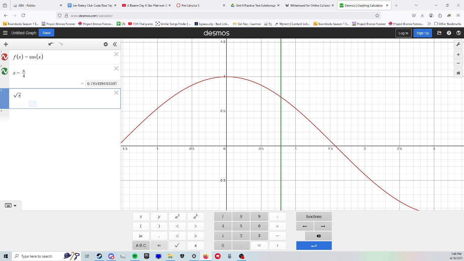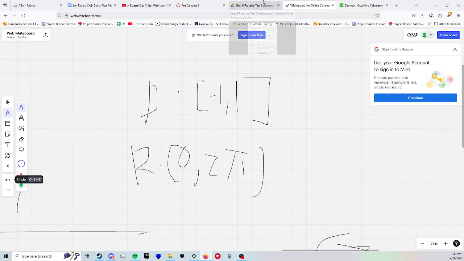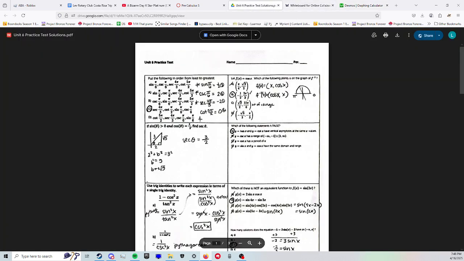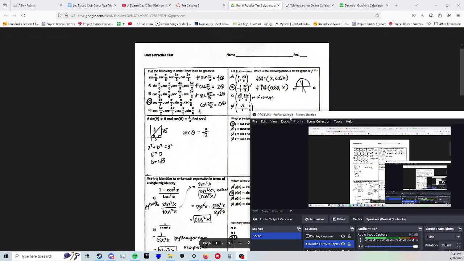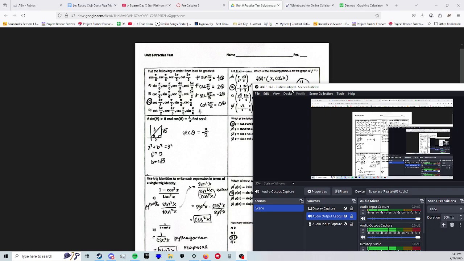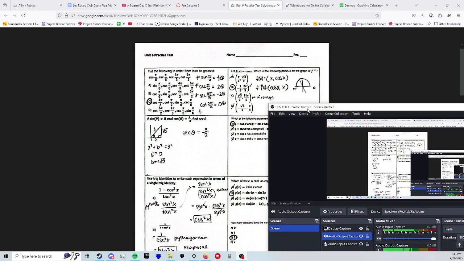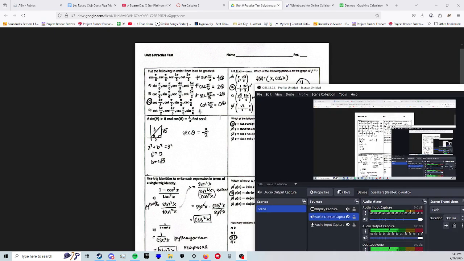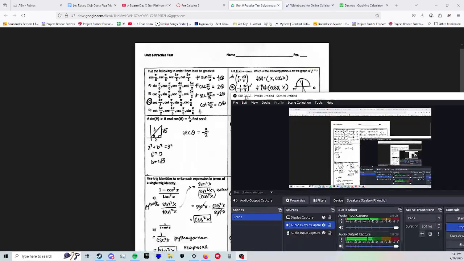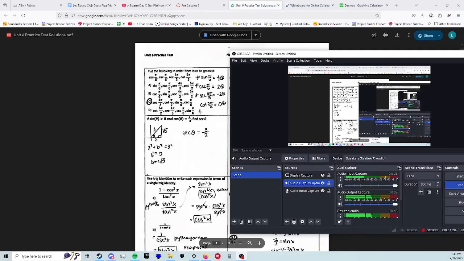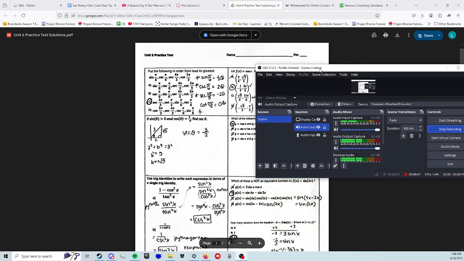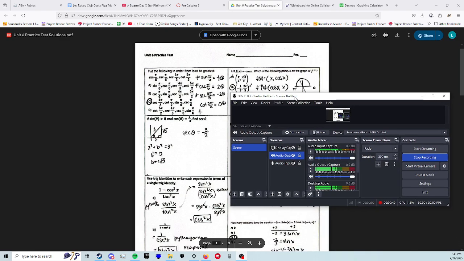Let me solve that for you. Root 2. That's on here. This is hard to explain without showing the graph. But C is out of the range.